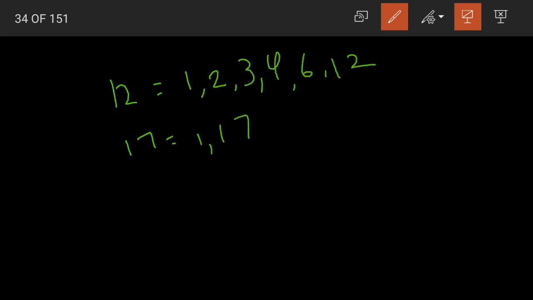The factors of 17 are 1 and 17. Now what are the common factors for these two numbers? Only 1 is the common factor for both. So this is also possible, children. Sometimes only 1 will be the common factor of both the numbers. So you should write the common factors of 12 and 17 is equal to 1.